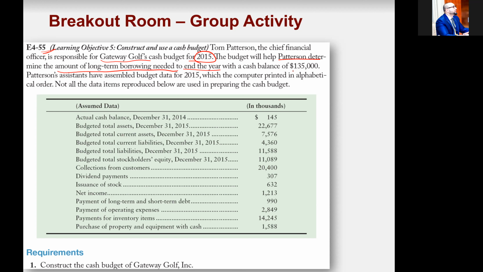With a cash balance of 135,000, Patterson's assistants have assembled budget data for 2015, which the computer printed in alphabetical order. Not all the data items reproduced below are used in preparing the budget. So this is all the information, and they are saying that not necessarily all the information is needed.